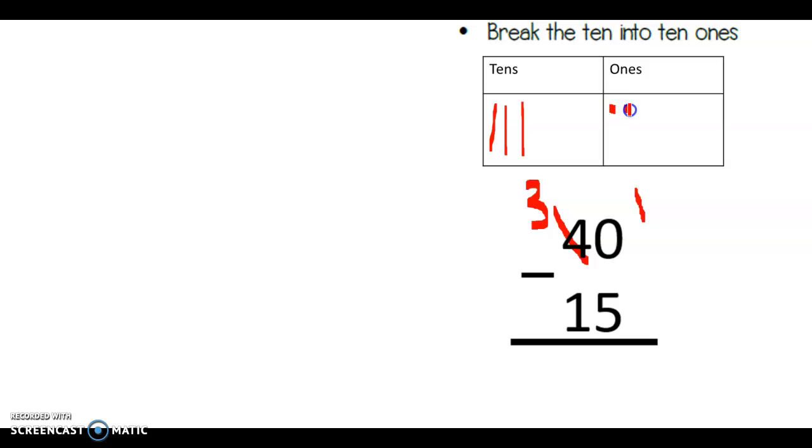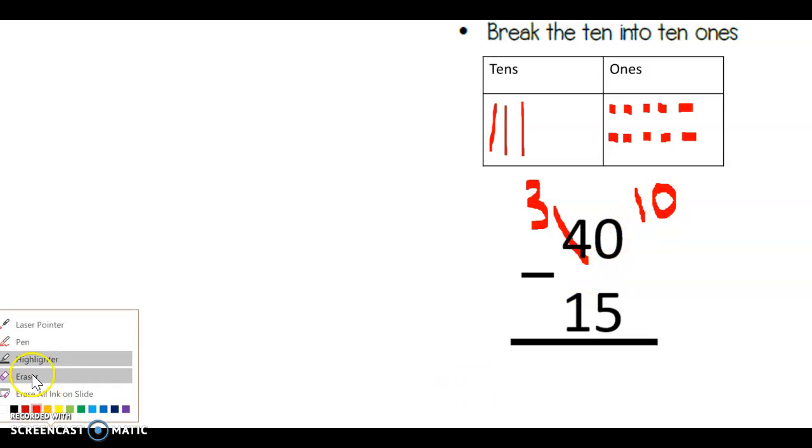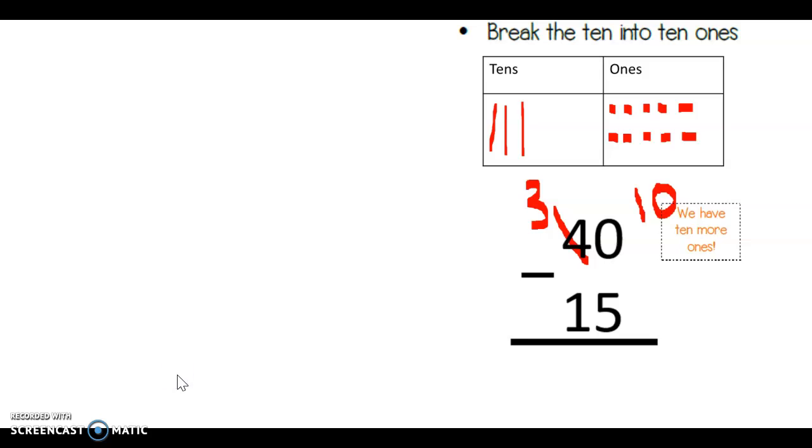So 1, 2, 3, 4, 5, 6, 7, 8, 9, 10. So now I have my 10 ones in the ones place. So I have a total of 10 ones. So we have 10 more ones.